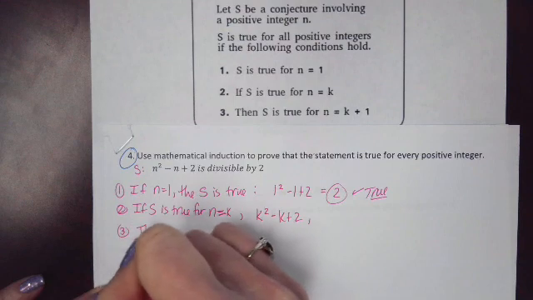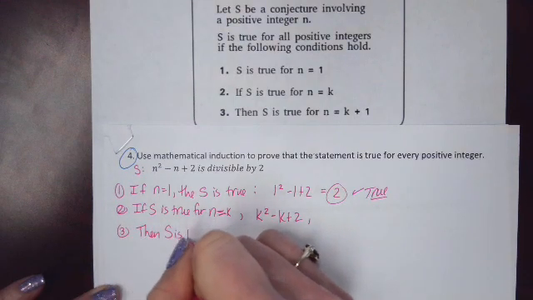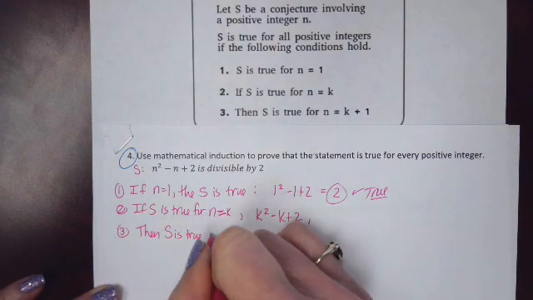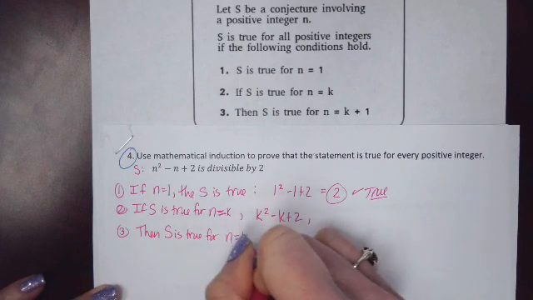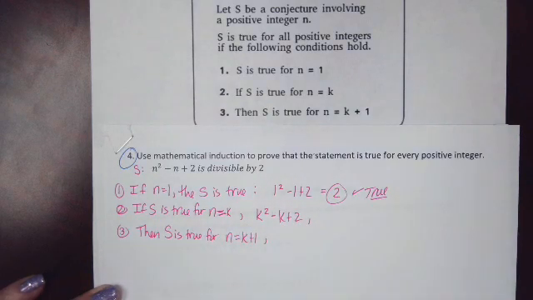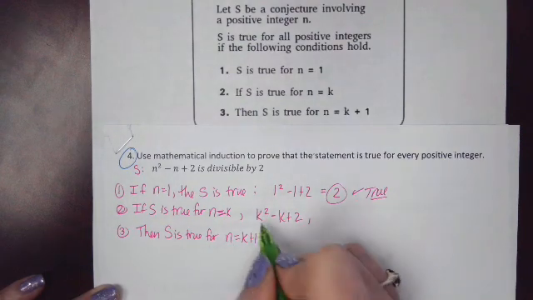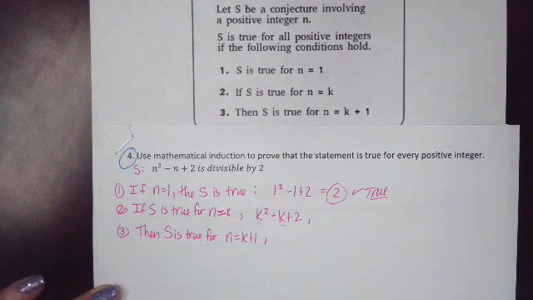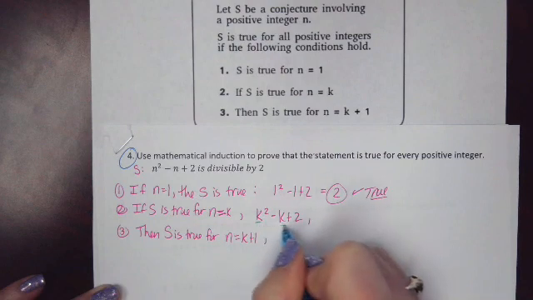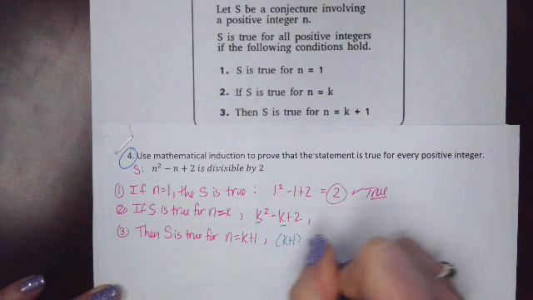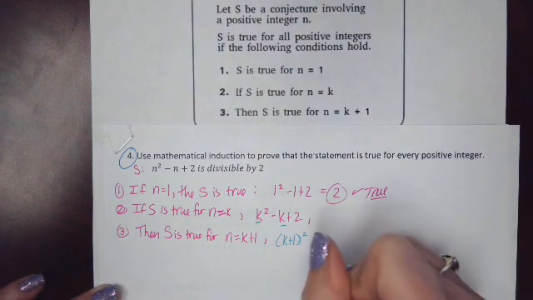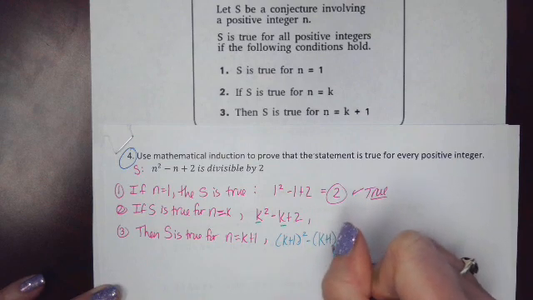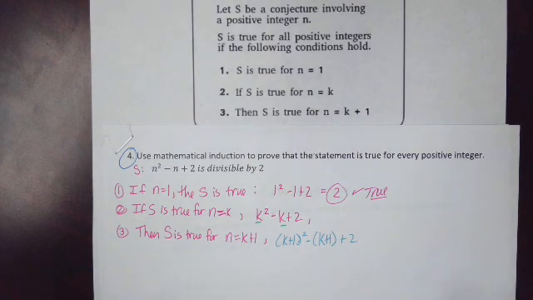Then I want to show that S is true for that next term, n equals k plus 1. And so everywhere I have a k, I substitute in, let me get a little brighter color. That would be k plus 1 quantity squared minus k plus 1 plus 2, parentheses are important there.